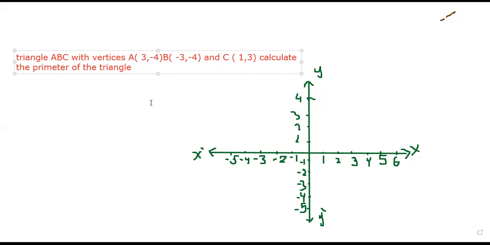Plot the coordinates. Plot the coordinates, yes. So we are going to plot the coordinates A, 3 and -4. So this is the first point, this is A. Second, -3 and -4.